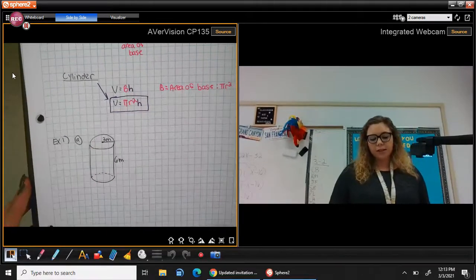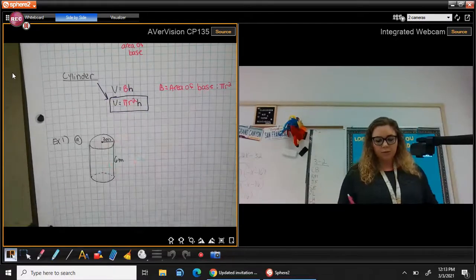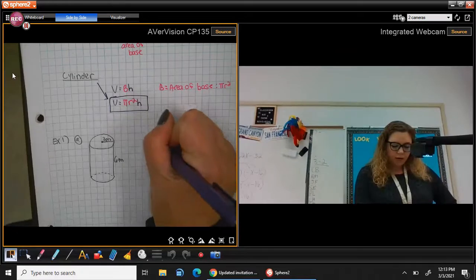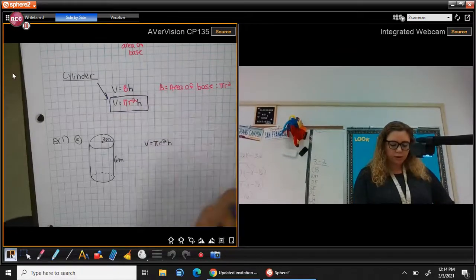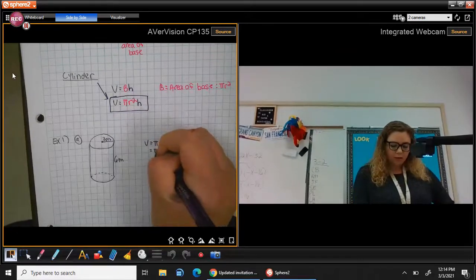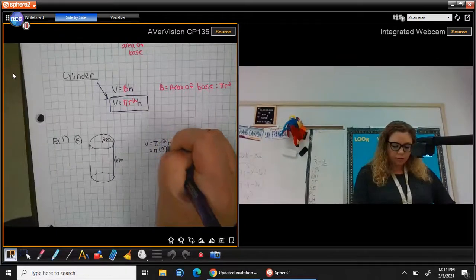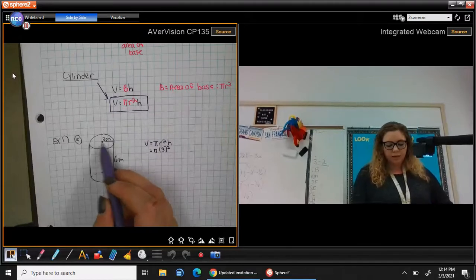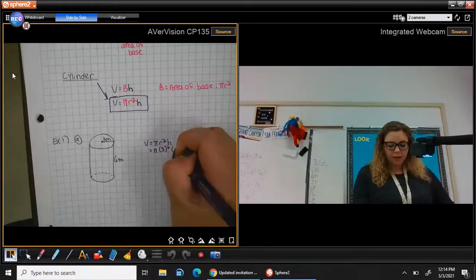So we know this is a cylinder. We know my base is a circle, so we're going to use the formula V equals pi r squared h. So plug in my values. My radius is 3. Remember, my radius is from here to here. That distance right there. And then my height is 6.